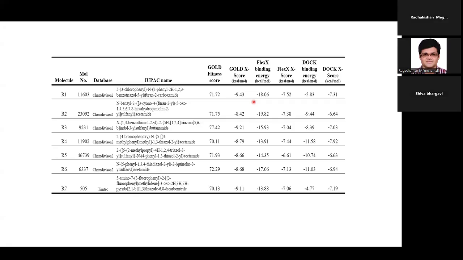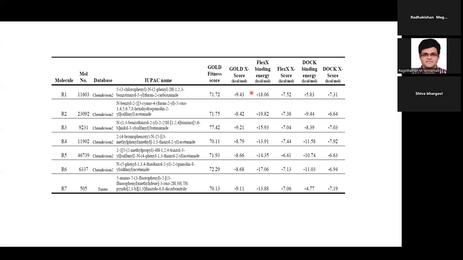That means there is a disagreement between different docking tools when it comes to the same molecule bound to the same place. So what we did was we took a consensus approach, where a molecule ranked higher in Gold is also ranked higher in FlexX, is also ranked higher in Dock, and their X-score values are within the cutoff of plus or minus 2.2 kilocalorie per mole.